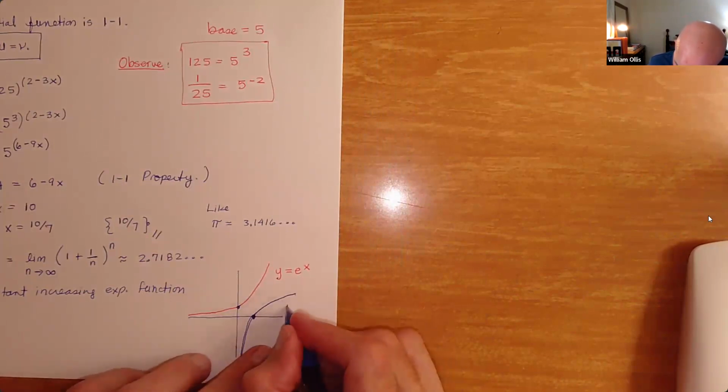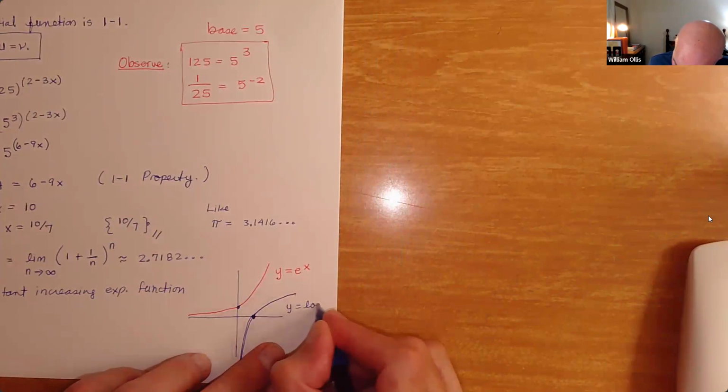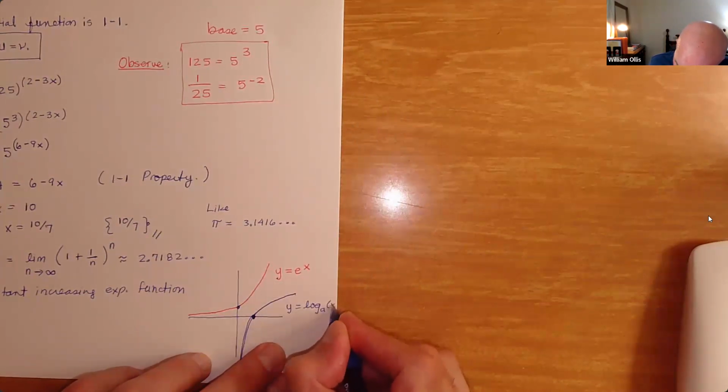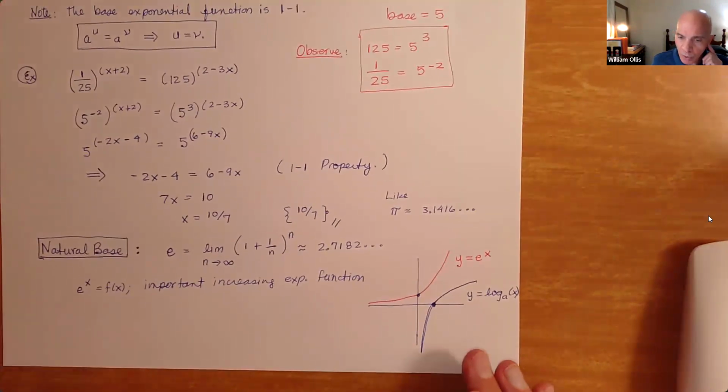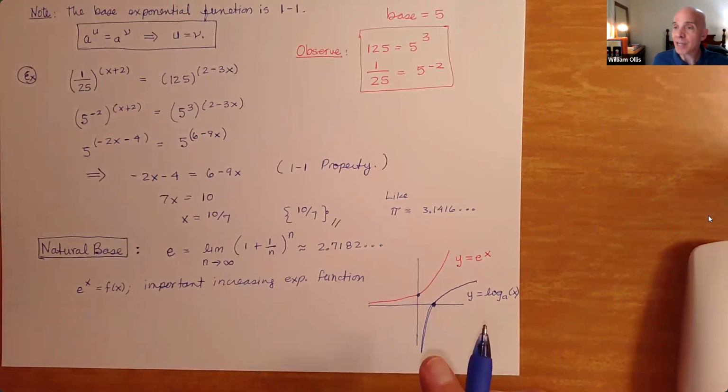And we could call this y equals the base A logarithm of x. Again, when it comes to functions, the reflective property is very useful to us because it reminds us of the interchange of the coordinates.